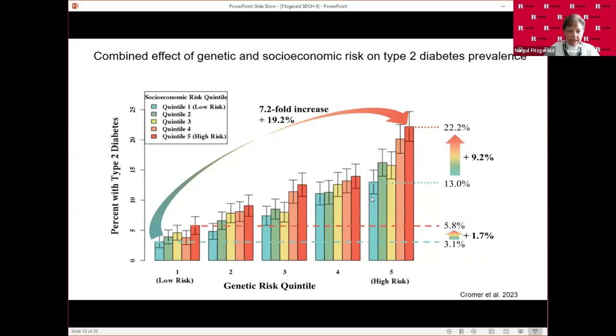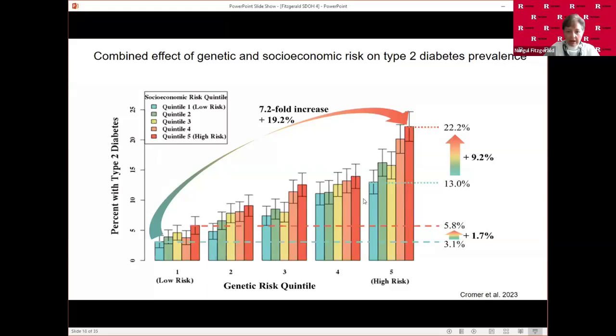And within each category, the blue bars represent the low socioeconomic risk, and the warmer colors, like orange, represent the higher socioeconomic risk. So if you look at the low genetic risk category, the difference between the low socioeconomic risk and high socioeconomic risk is about 1.7%.